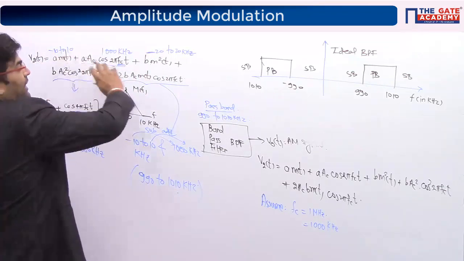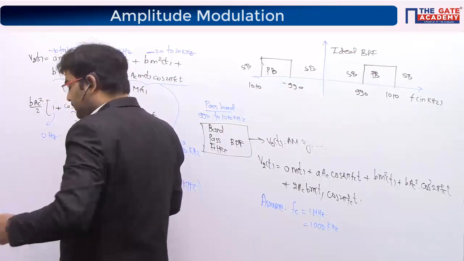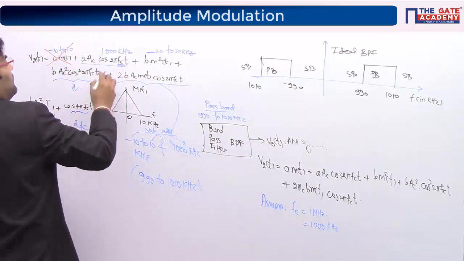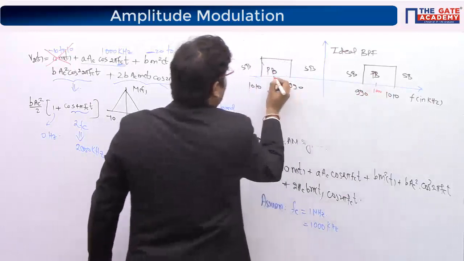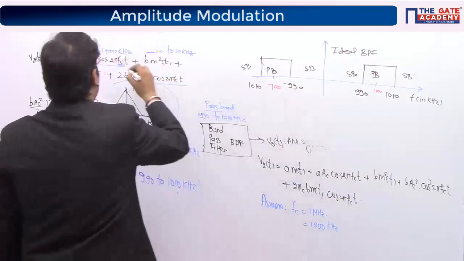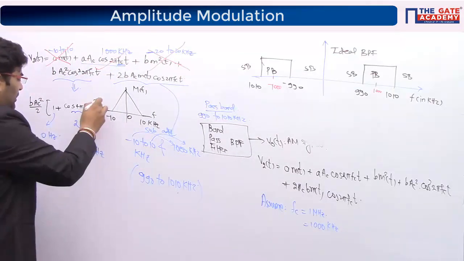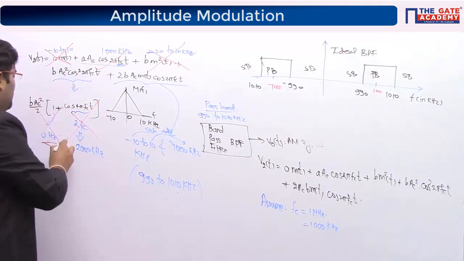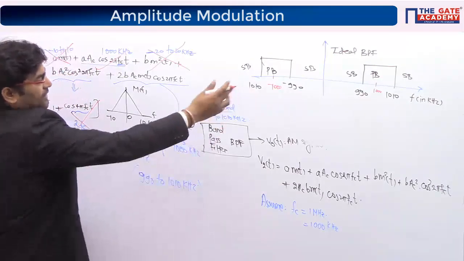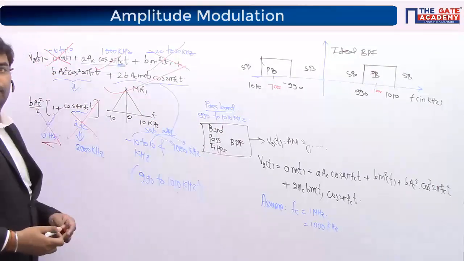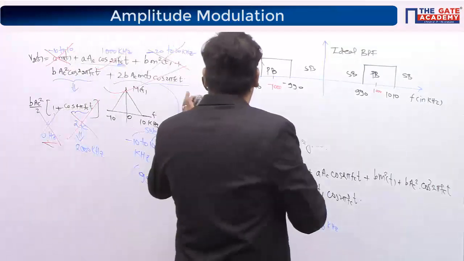So minus 10 to 10 will not be passed, so this is gone. 1000 kilohertz and minus 1000 are the carrier, and the 2000 kilohertz and 0 hertz terms are gone. The band from minus 990 to 1010 is there and will be passed. So what is the final output of the band pass filter, guys?